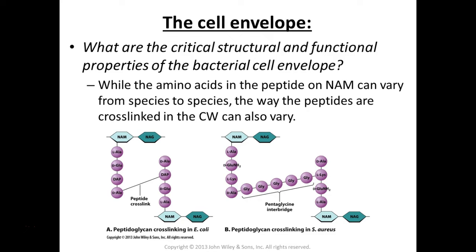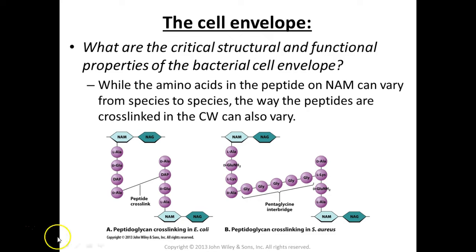And even this can vary, how they join together. So for a gram-negative bacteria like E. coli, they bridge between these two layers with amino acids, whereas for gram-positives, because remember in comparison, who's got the thick layer of peptidoglycan, gram-positives or gram-negatives? Gram-positives.